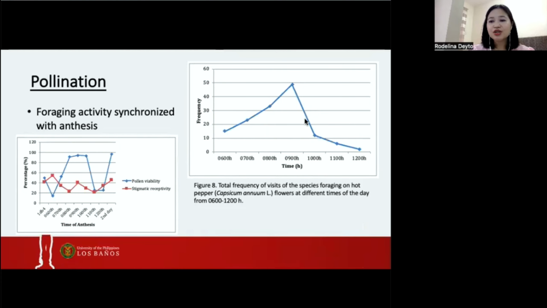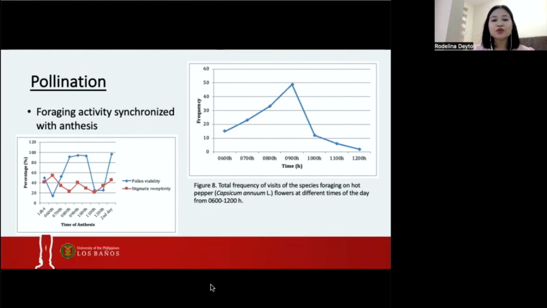Okay, this figure shows the total frequency of visits of species foraging on hot pepper from 6 a.m. to 12 noon. A small number of visitors were observed at 6 to 7 in the morning and continued to increase thereafter, reaching a peak at 9 and then diminished until 12.